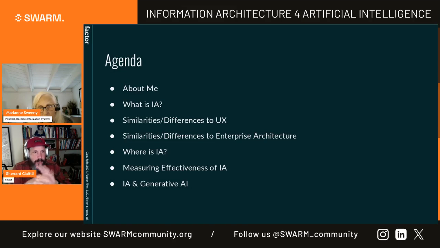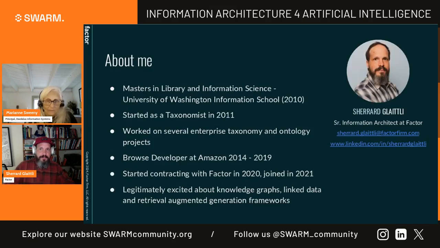And with that context in mind, we're going to talk about where you can actually see IA and point to IA, and start measuring its effectiveness. And lastly, I'm going to be discussing how information architecture directly impacts generative AI projects and how you can advocate for that.